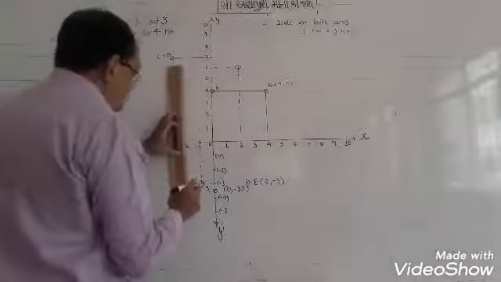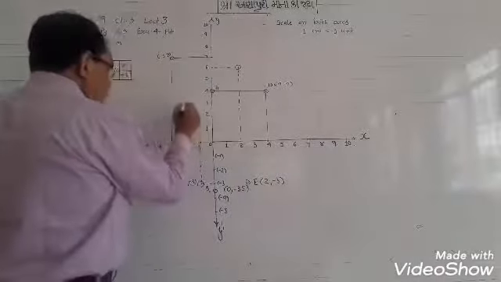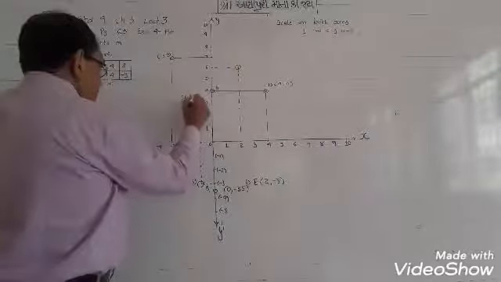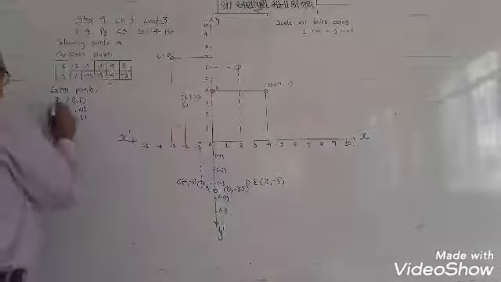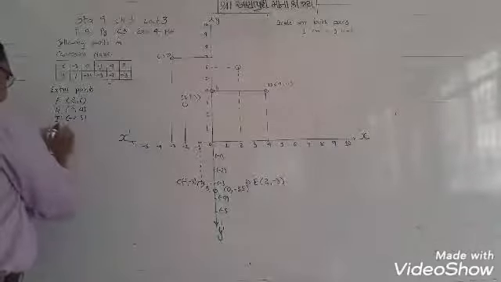Where is -2 here? Where is +3 here? -2 and 3. I will take J.